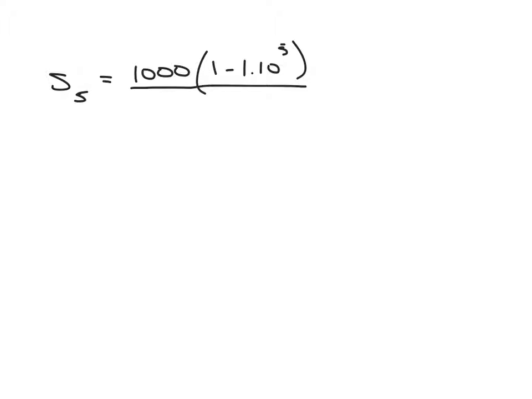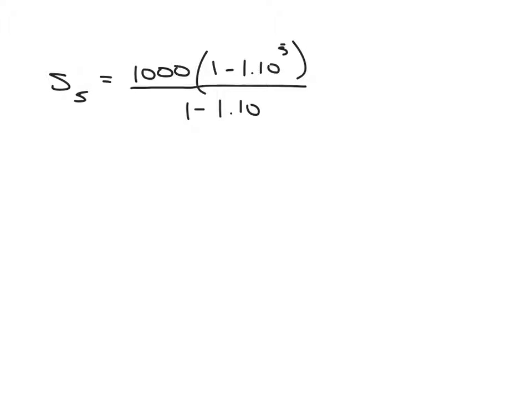So we have our formula, and it's 5 years, and we have as our first number 1,000, times 1 minus our ratio, which is 1.10, 10%, to the 5th power, because again, that's our n, over 1 minus our ratio.